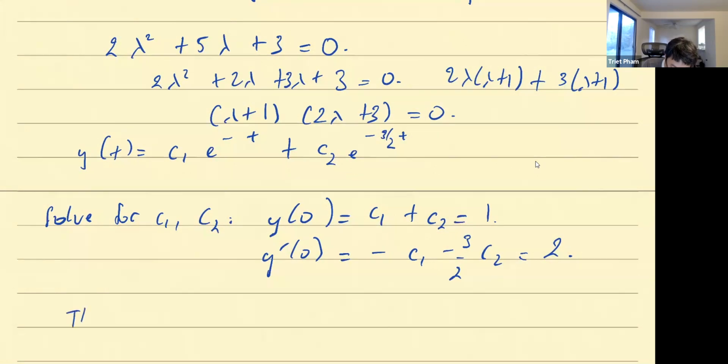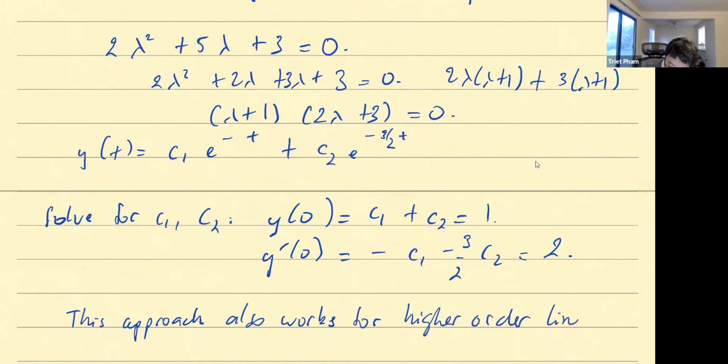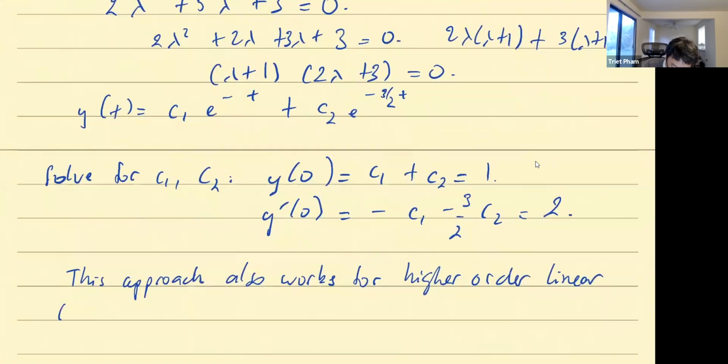This approach also works for higher order linear ODEs with constant coefficients.